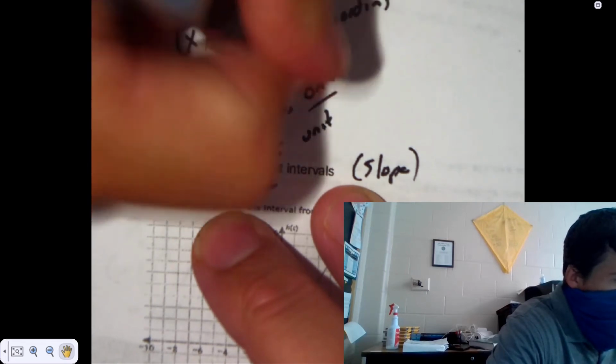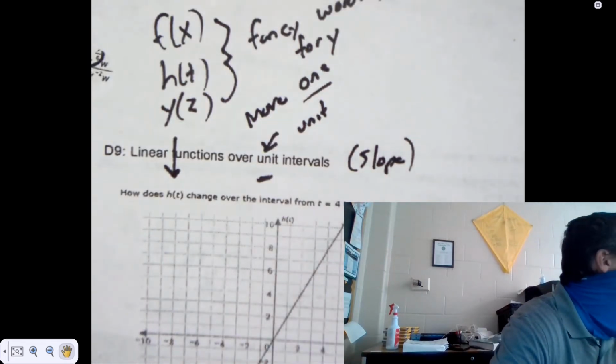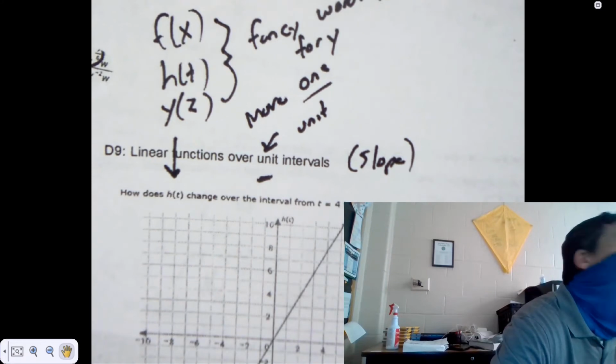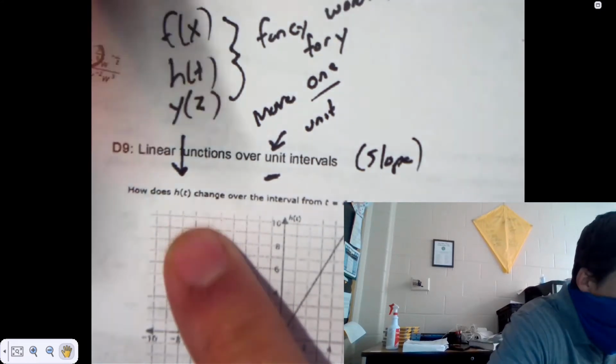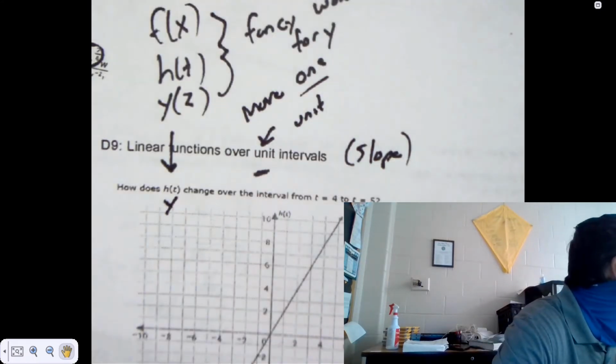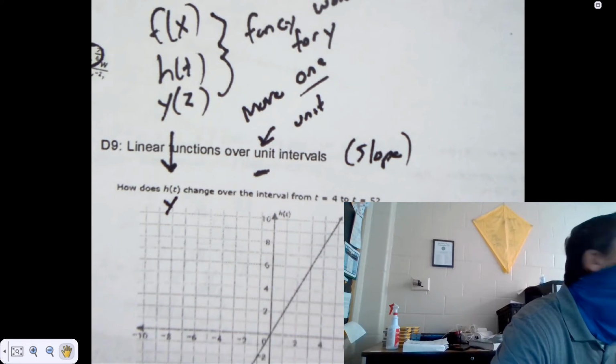You need to understand that. It's just a fancy way of saying y. We're using function notation. So this thing is really saying, how does y change as t goes from 4 to 5?